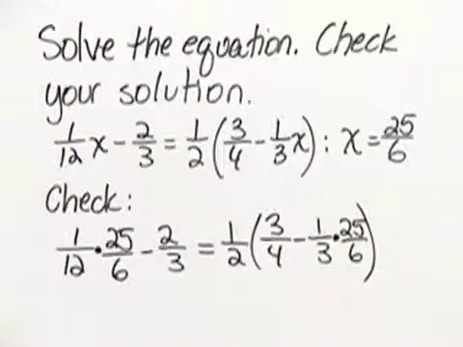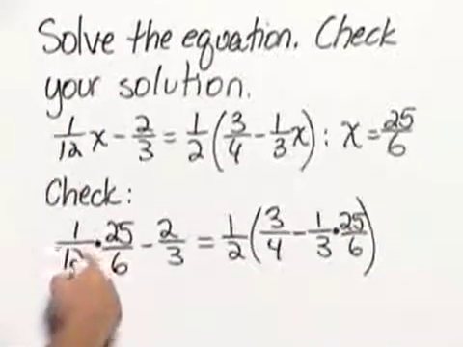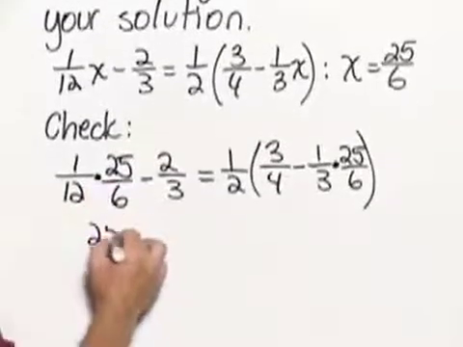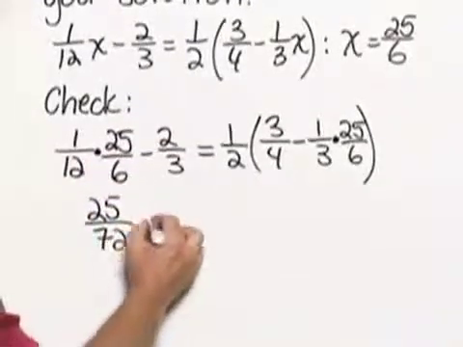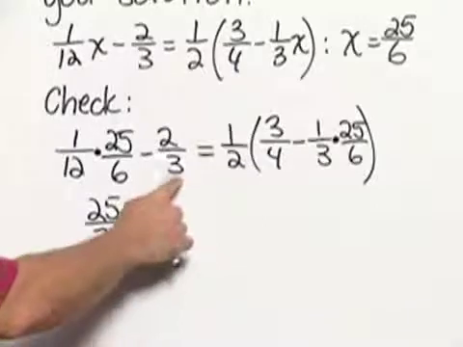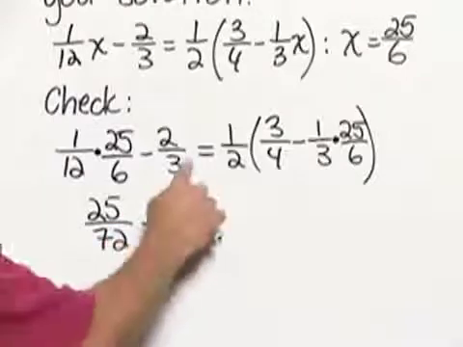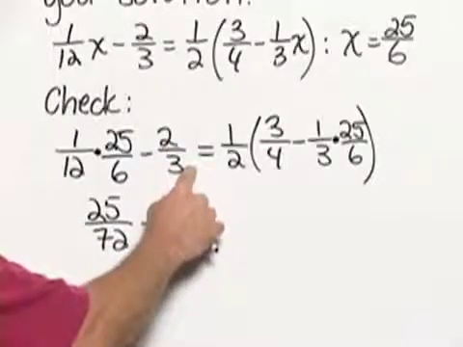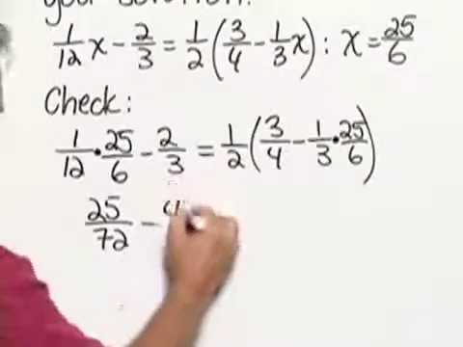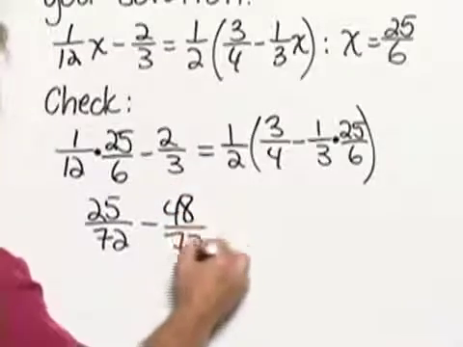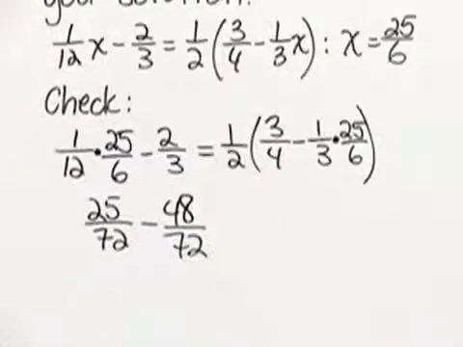So simplifying, on the left-hand side, we would have 25 over 72 minus. Now, to create a common denominator, which would be 72, we would have to multiply both the numerator and denominator by 24. So this would become 48 over 72.